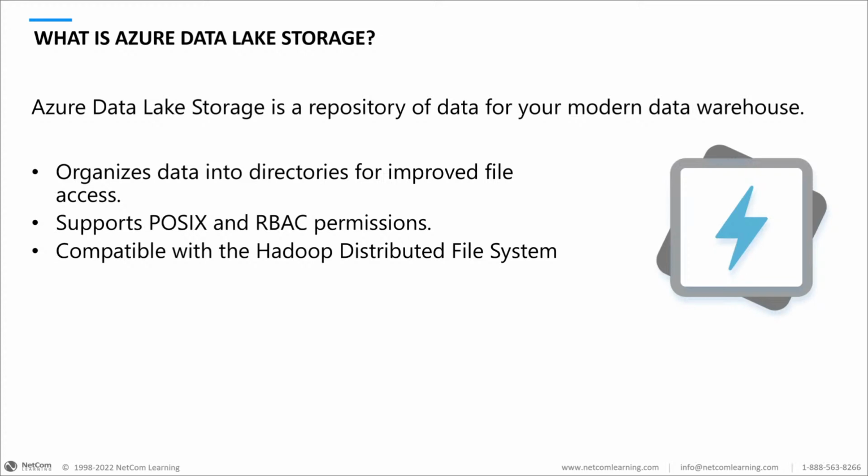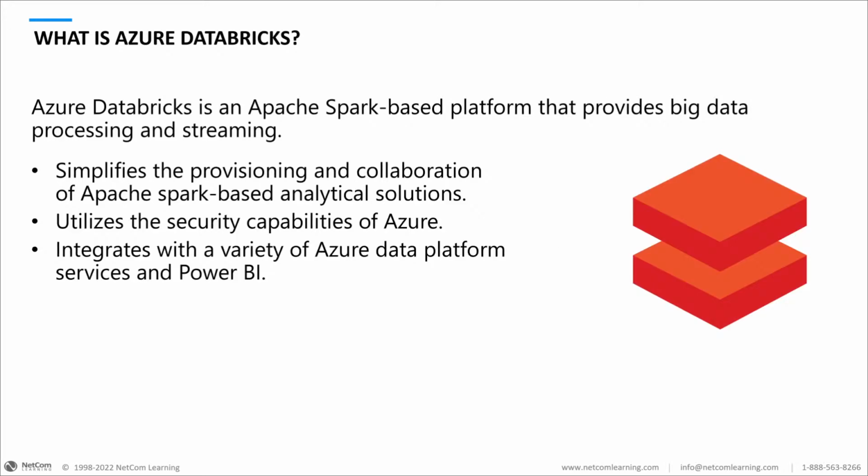It's compatible with things like Hadoop, a distributed file system, or HDFS, where you have highly flexible and programmable analytics services, as well as file storage and file access systems. So it's a combination of different storage types and different access types.